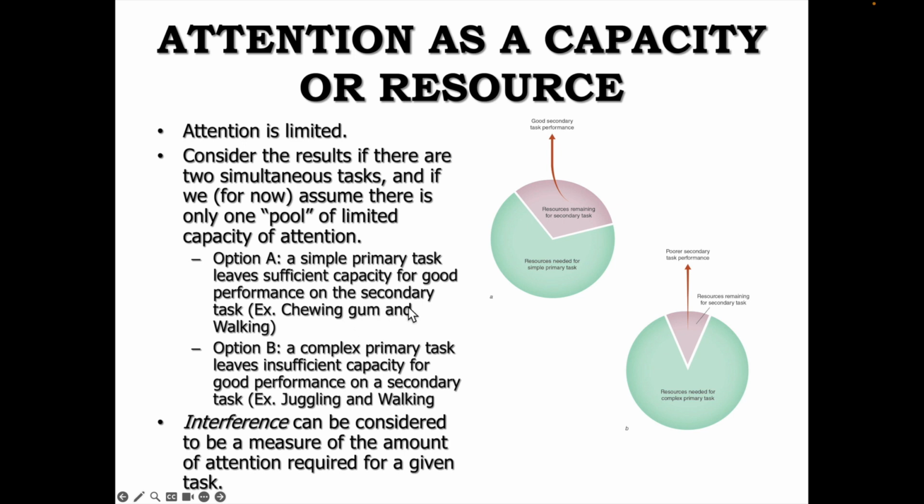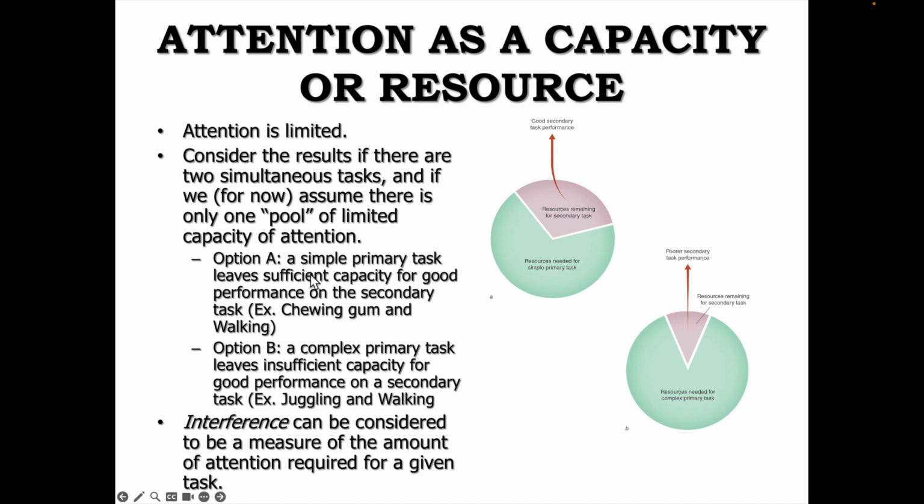For example, chewing gum and walking. Chewing gum is a simple primary task. It doesn't take a whole lot of attention to focus on chewing gum. Because I can chew gum pretty easily, chewing gum and walking probably won't affect each other. I'll be able to chew gum efficiently and walk efficiently. Option B is a complex primary task, which leaves not enough capacity for good performance on a secondary task.